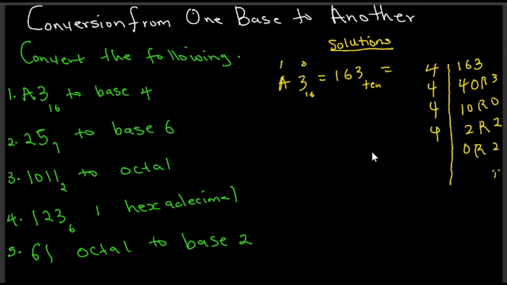So picking from bottom to top, this equals 2203 base 4. That's how you convert it.